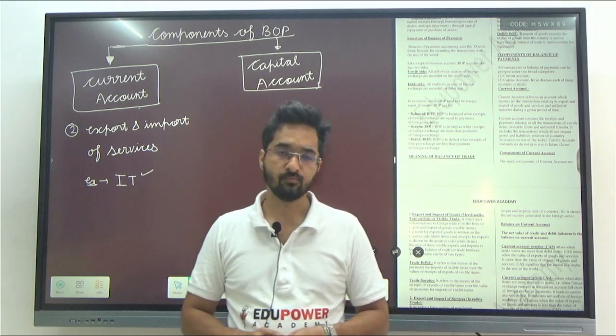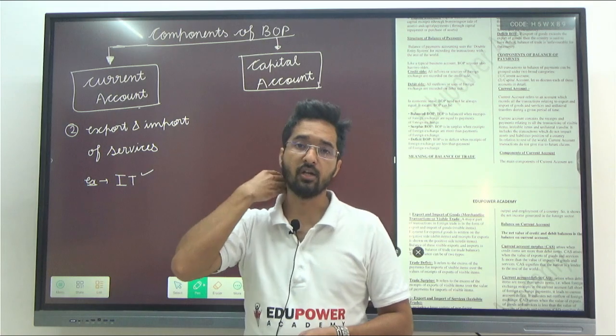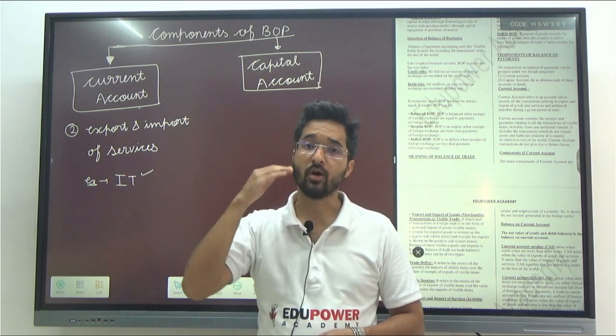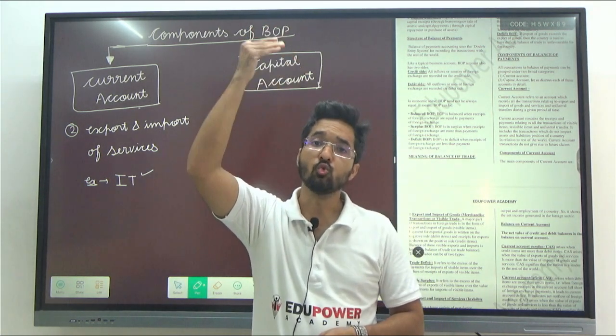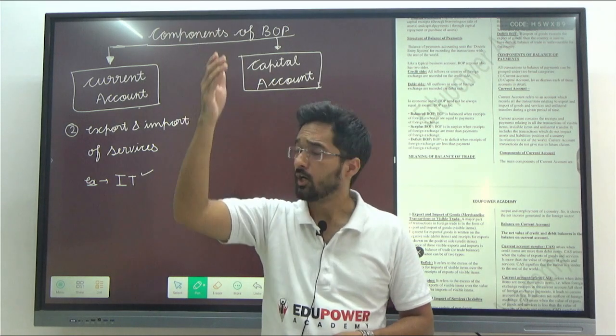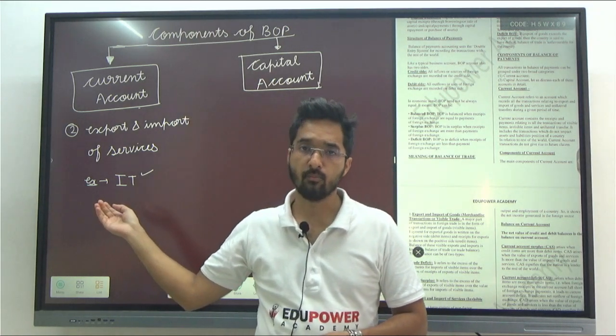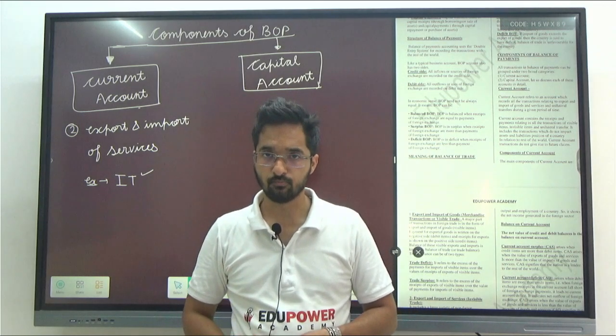Now, can you tell me, if an Indian IT company like TCS has provided services to a USA company, which side of the BOP will it be? Credit side or debit side?